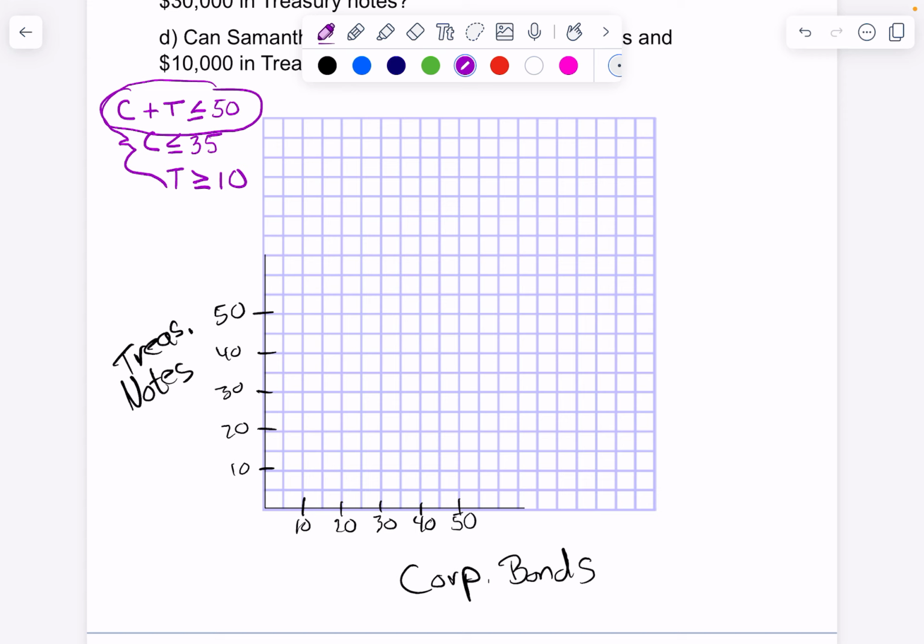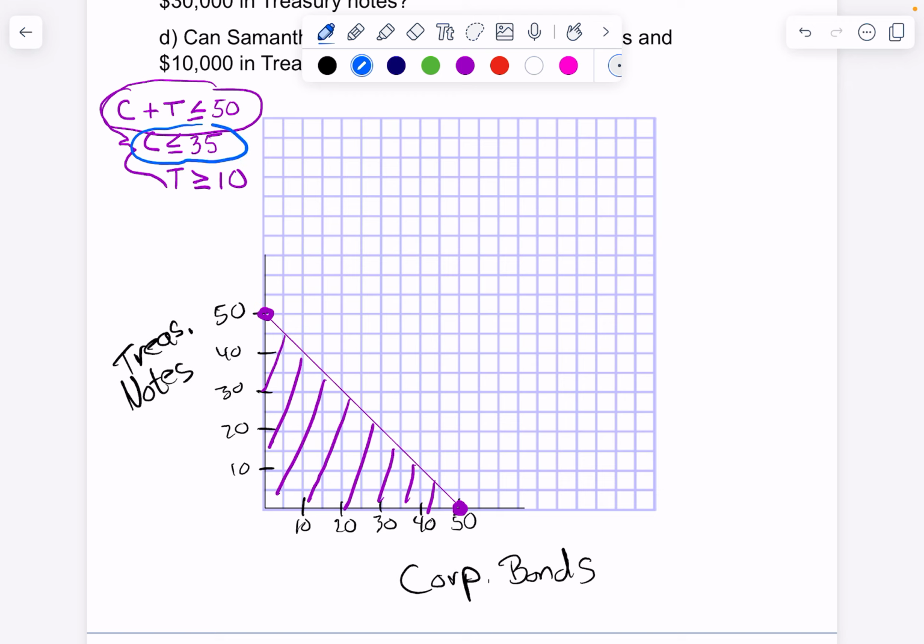So when my treasury notes are 0, my corporate bonds have to be less than or equal to 50,000. When my corporate bonds are 0, my treasury notes have to be less than or equal to 50,000. We connect those dots using intercepts, and that is less than or equal to, so that will be shaded below.